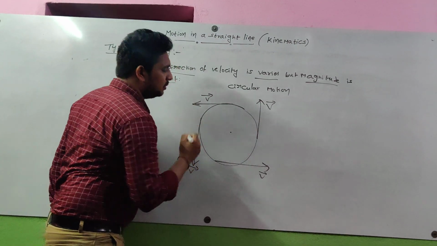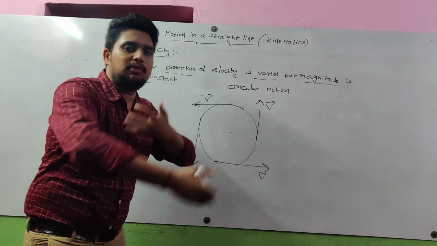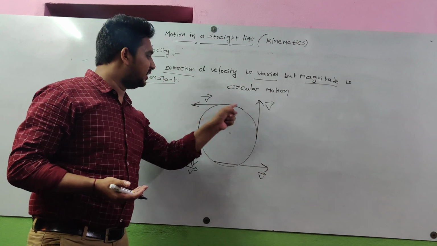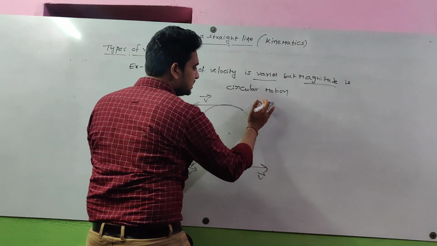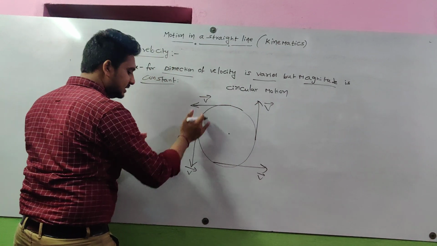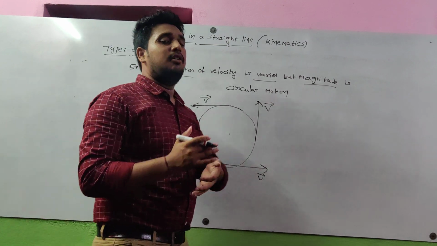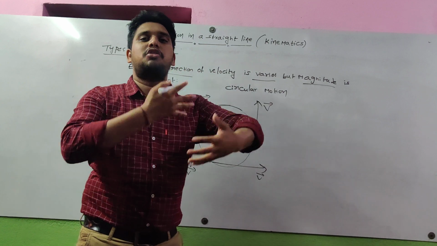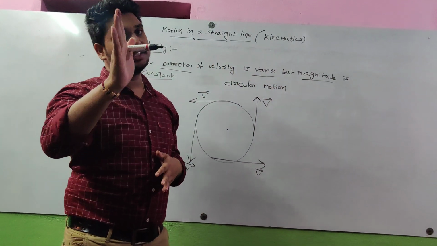Observe carefully. While a body moves in a circular motion, it will definitely change direction continuously. For example, the first direction is like this, another direction is like this, another like this. So for a circular motion, the direction of velocity changes continuously, but the magnitude of velocity is constant.